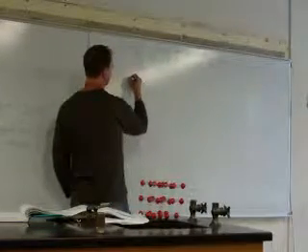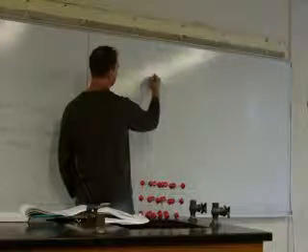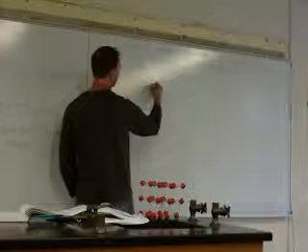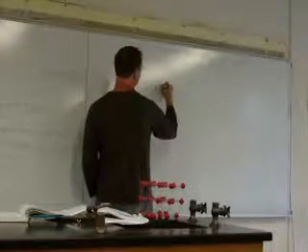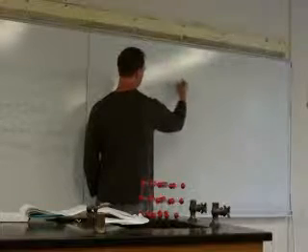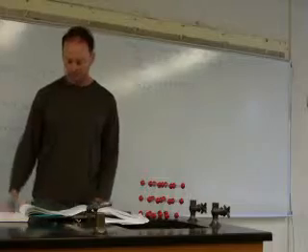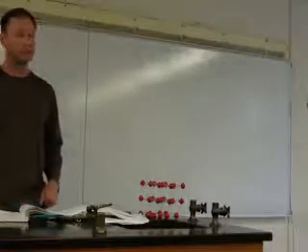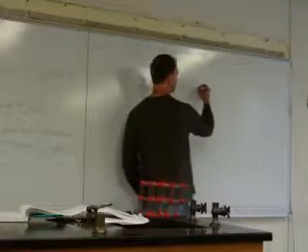Well, you would have minus h bar squared over 2m d squared psi dx squared plus 1/2 k x squared psi equals En psi. And you'd have to solve this essentially analytically.